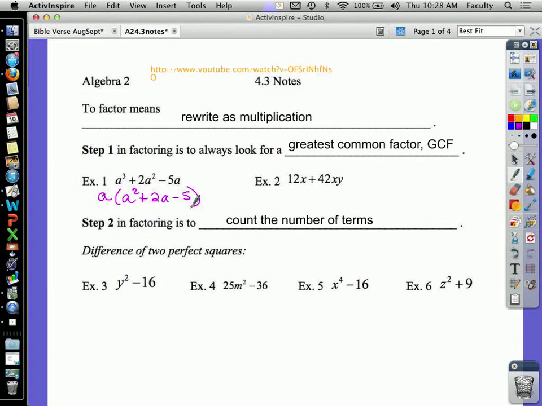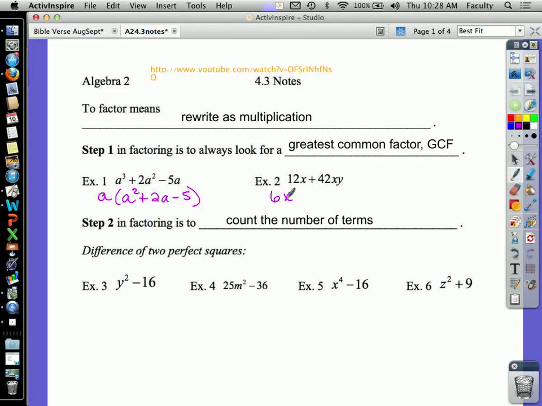So Hannah, in example 2, what would the GCF be of 12x plus 42xy? What could I pull out of both of those? 12x. Okay, there's definitely an x, and 12 is a good try, but 12 times 4 is 48, so something a little bit smaller than 12. Yeah, it's 6.